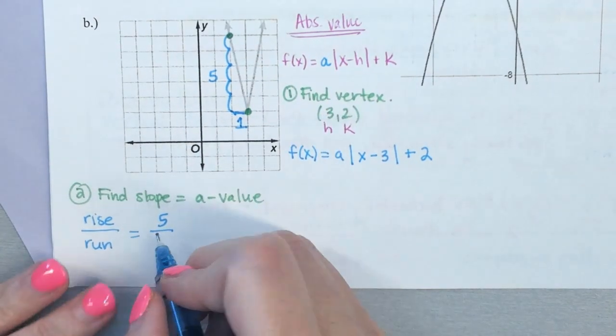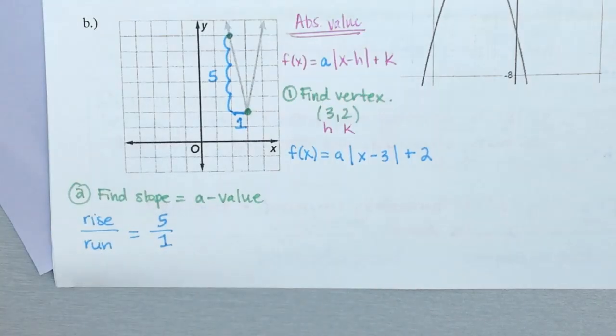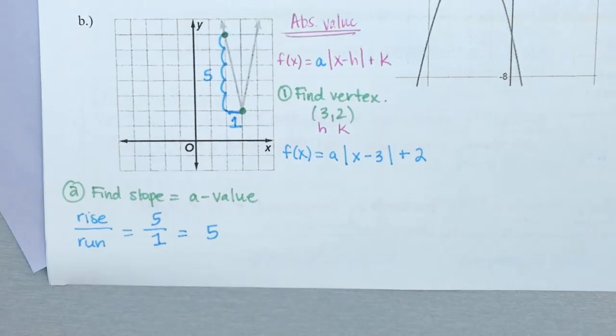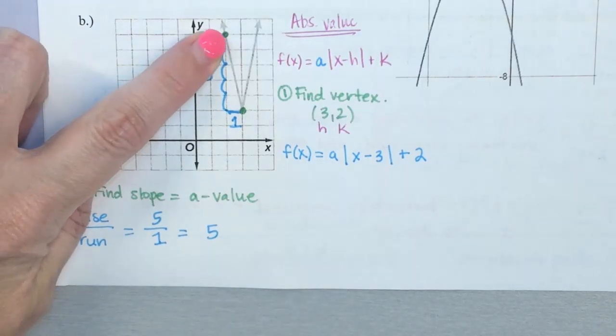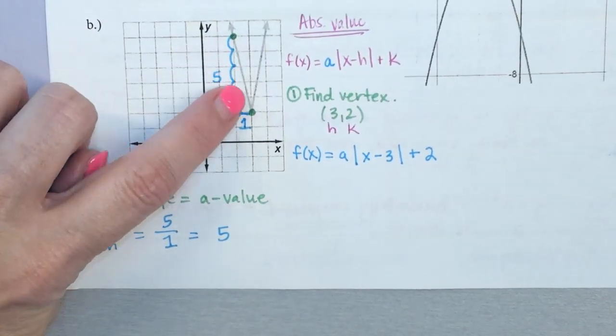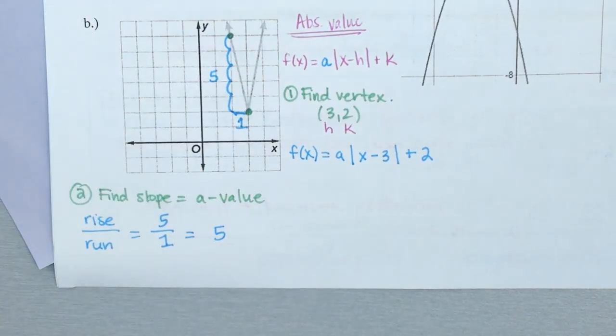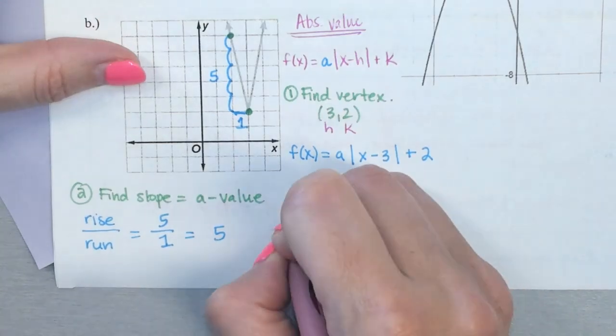We're not going to worry about the up and down at this point because you have two sides to the absolute value. So can you see on this side it's going down, it would be -5, but this side is +5. Okay, what determines whether it's a negative or positive is the way that the graph opens.